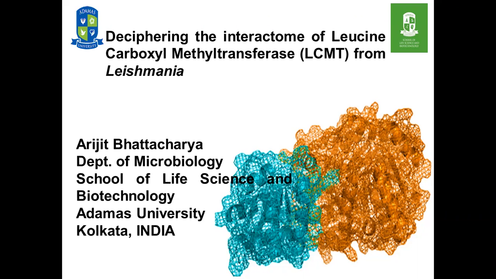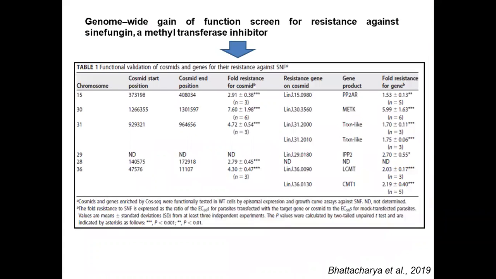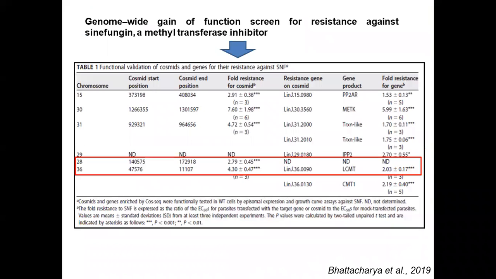I am going to offer you a glimpse of one of our projects, which is on Leucine Carboxyl Methyltransferase from Leishmania and deciphering its interactome. The project originated from a genome-wide gain-of-function analysis against a drug called sinefungin, which is a methyltransferase inhibitor, and this screen led to identification of several genes, including leucine carboxyl methyltransferase, which is involved in resistance against this particular drug.